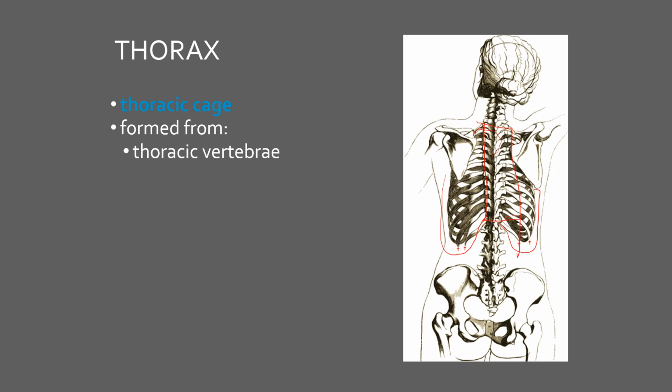And then in the very front, you'll have your sternum that articulates with the ribs. And the sternum is just a flat bone. So you've got your thoracic vertebra, your sternum, the ribs, and also what are called costal cartilages. So hopefully you remember that costal is another name that refers to ribs.